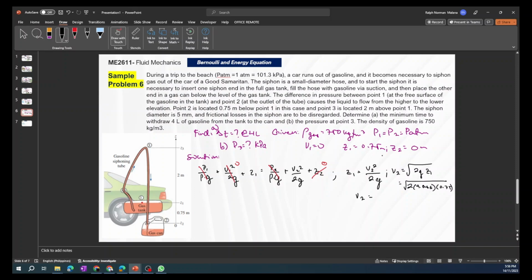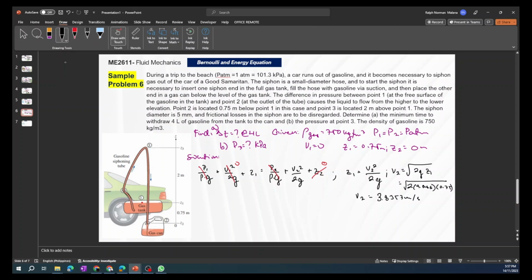Our V2 here is simply the square root of 2 times 9.8066 times 0.75. I got it at 3.8353 meters per second. That's okay. So far, so good. But we're not yet done.